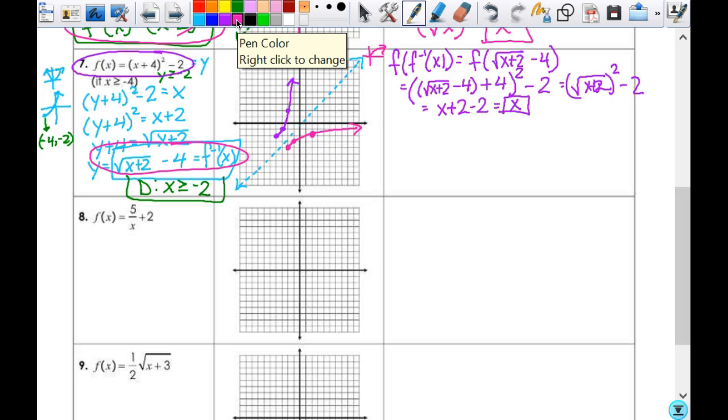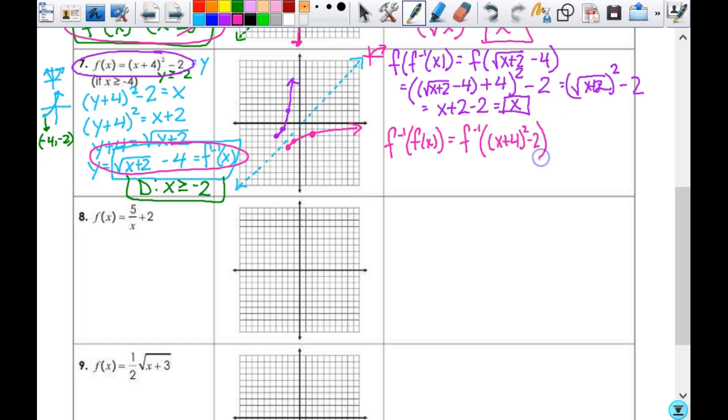So when you're doing things like square roots that you don't really like and they push you out of your comfort zone, when you know what your end result is, you know it's going to work out just fine anyway, it makes it not quite so scary, right? Because you know what to do with these. I know you do. So the inverse function of f of x is equal to the square root of x plus 4 squared minus 2.